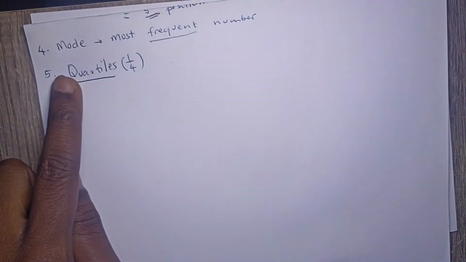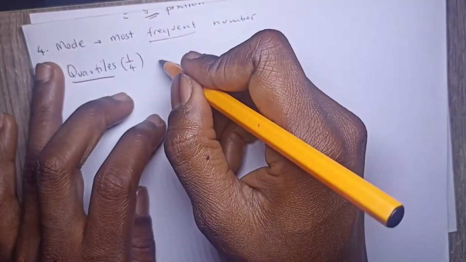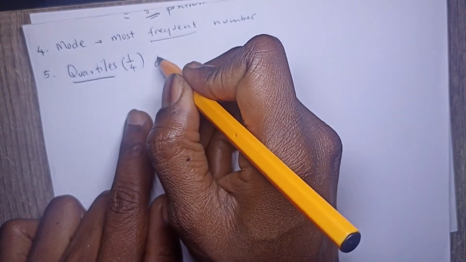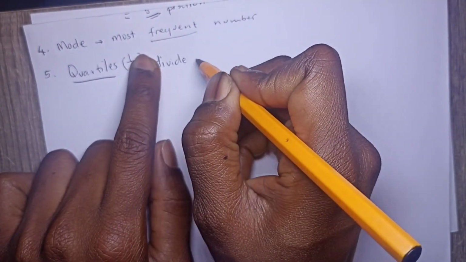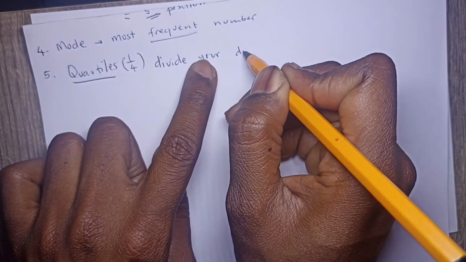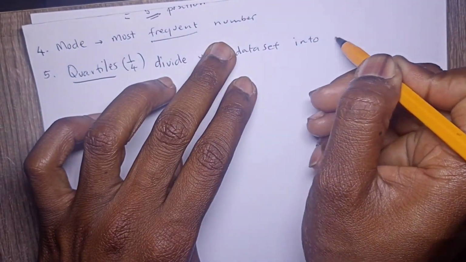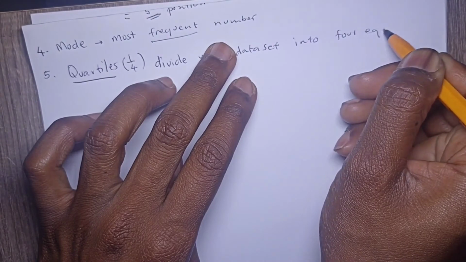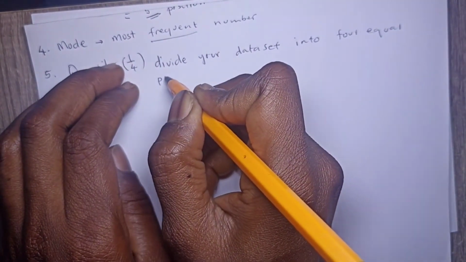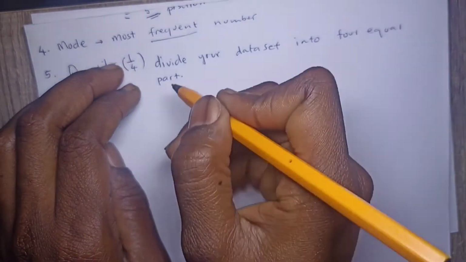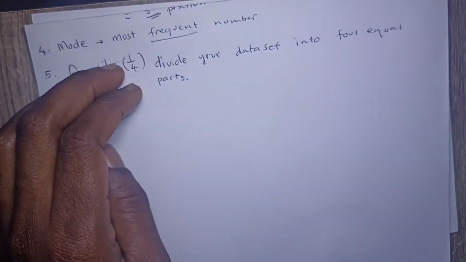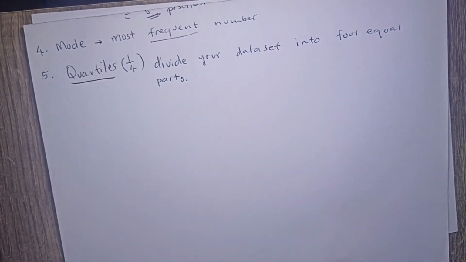Your quartiles are going to divide your data set into 4 equal parts. So what the quartiles do is divide your information into 4 equal parts.